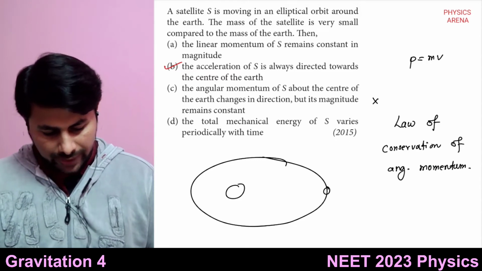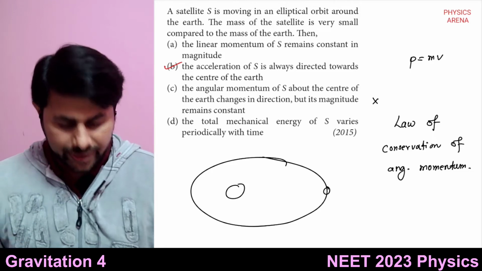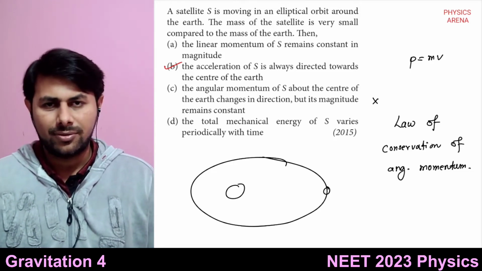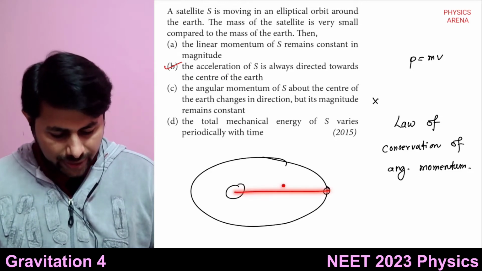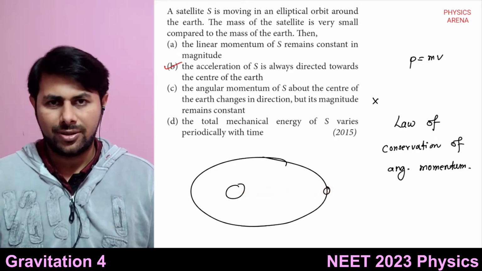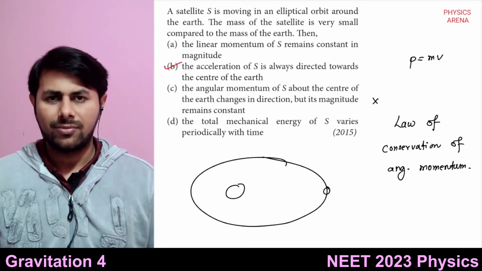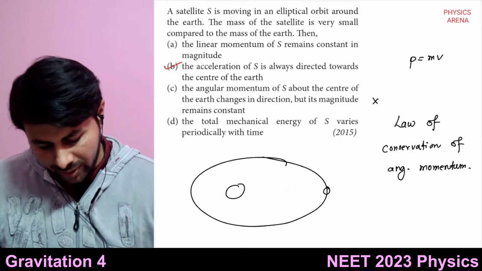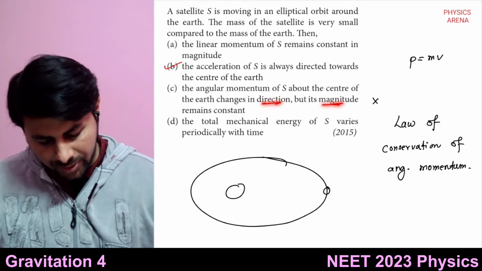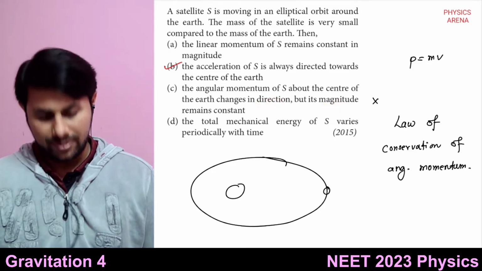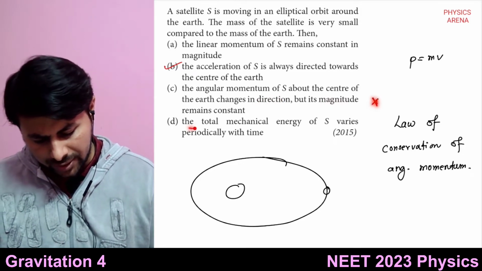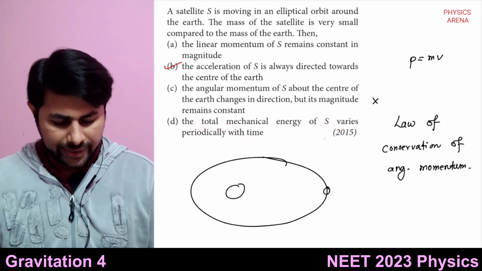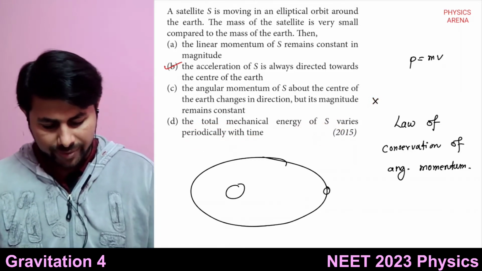Angular momentum remains constant not only in magnitude, it remains constant in direction also, because it is under the action of a central force. So angular momentum remains constant in magnitude as well as direction. So this is wrong, and total mechanical energy varies periodically with time. Again this is wrong. So will the total mechanical energy vary?